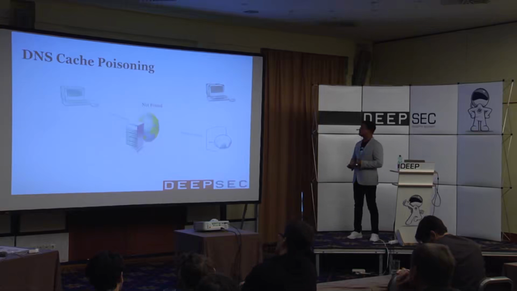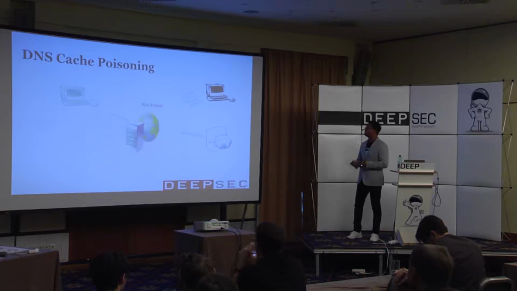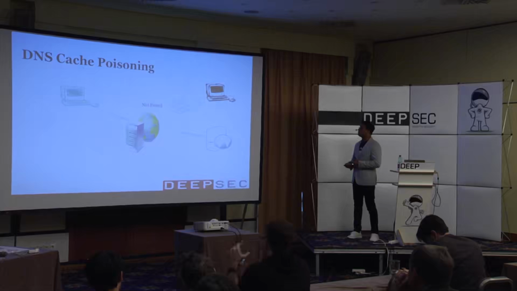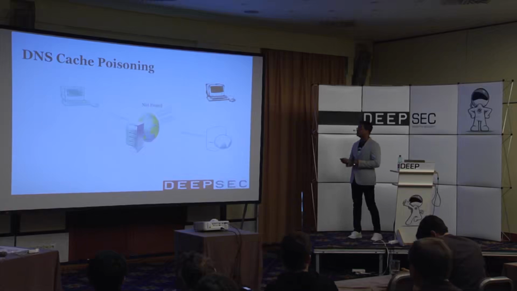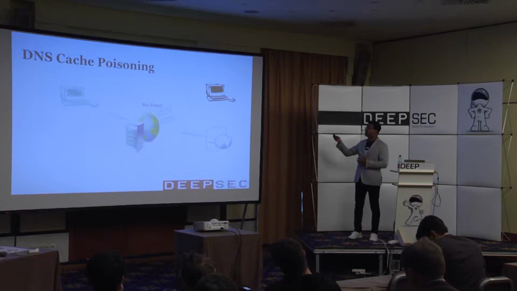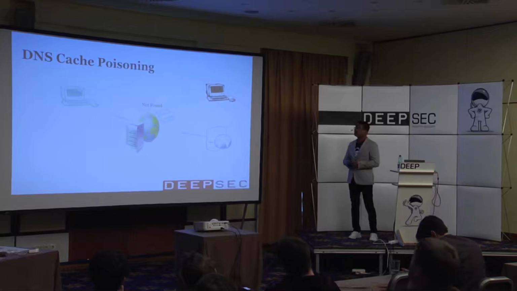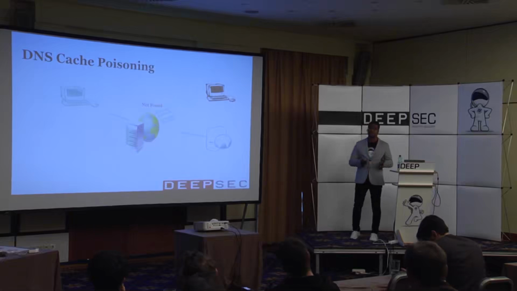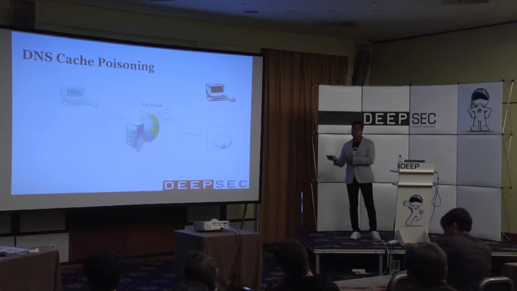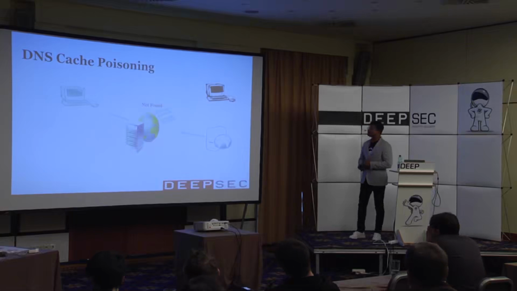But at the same time, if the attacker sends a lot of DNS-based requests to the same local cache, and it updates the cache with the address that the attacker provides, it would result in DNS cache poisoning, and a person can be redirected to an attacker-controlled site.